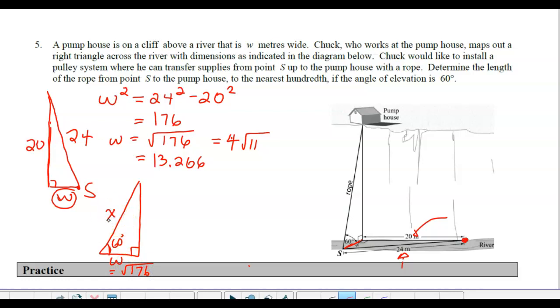I'm going to call it X. Okay, so that is the hypotenuse, and we have the adjacent. So cos of 60 degrees equals, as I said, I'm going to use the exact value. Then I don't have to worry about rounding. The adjacent over the hypotenuse.